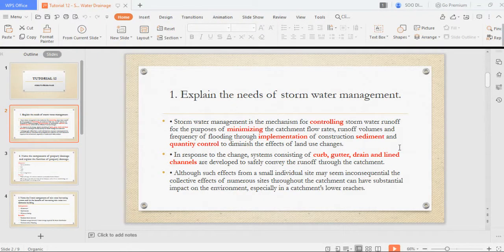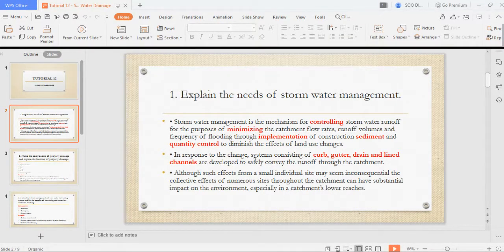As per this, stormwater management is a mechanism for controlling stormwater runoff for the purpose of minimizing the catchment flow rates, runoff volume, and frequency of flooding through implementation of construction sediment and quantity control to diminish the effect of land use changes.